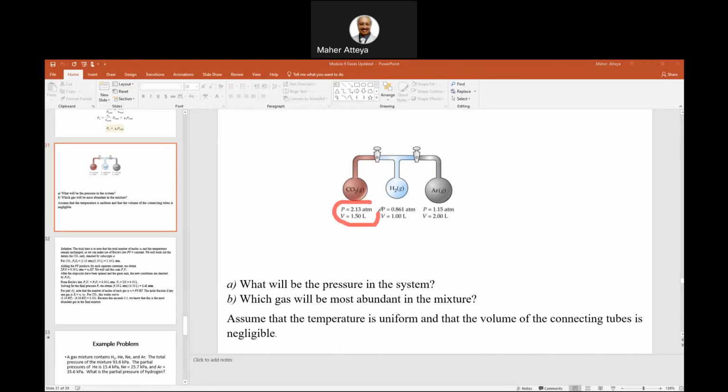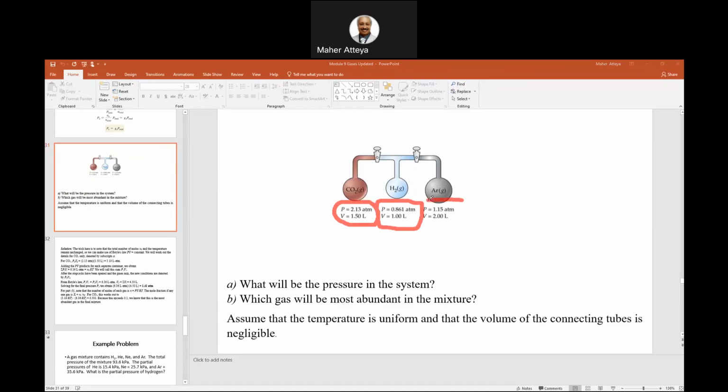The container size for the carbon dioxide is 1.5 liters, and the pressure on this container is 2.13 atm. This one here, hydrogen, has this condition: the volume is 1 liter, the pressure is 0.861.